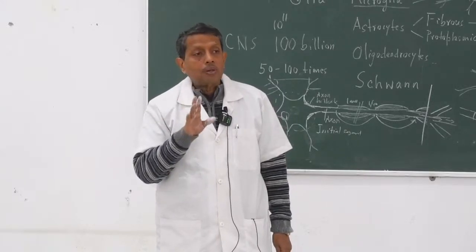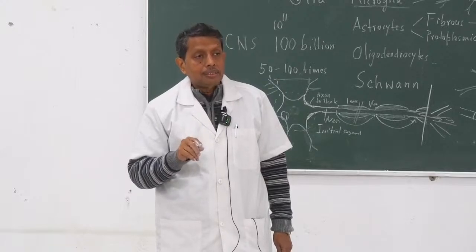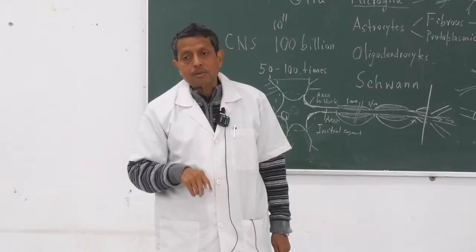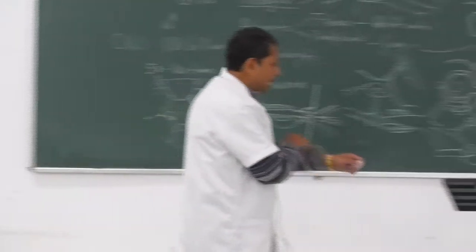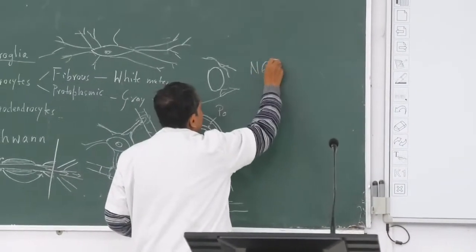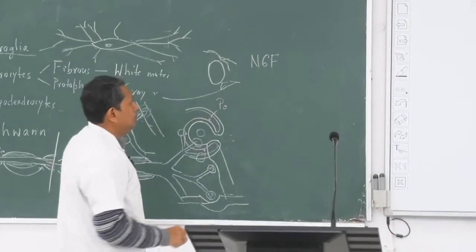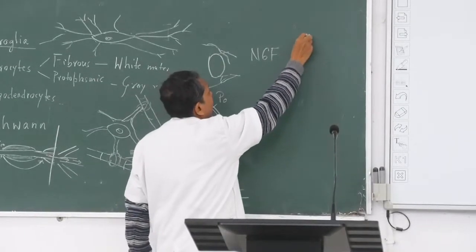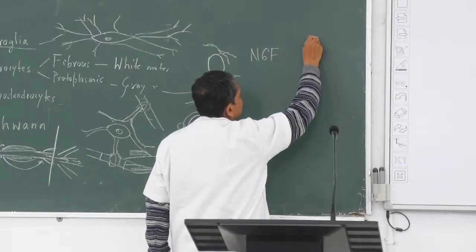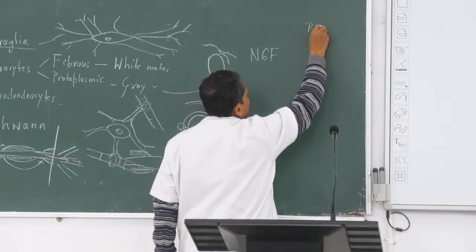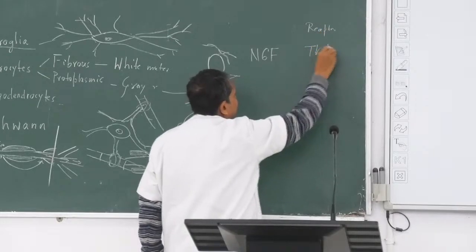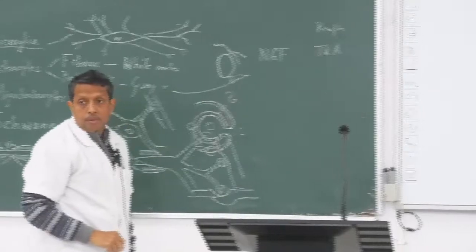Their receptors are tyrosine kinases, and their chart is given in your text. Simply, there is nerve growth factor, and these are proteins. The tyrosine kinase A type of receptor is used in this case for nerve growth factor.